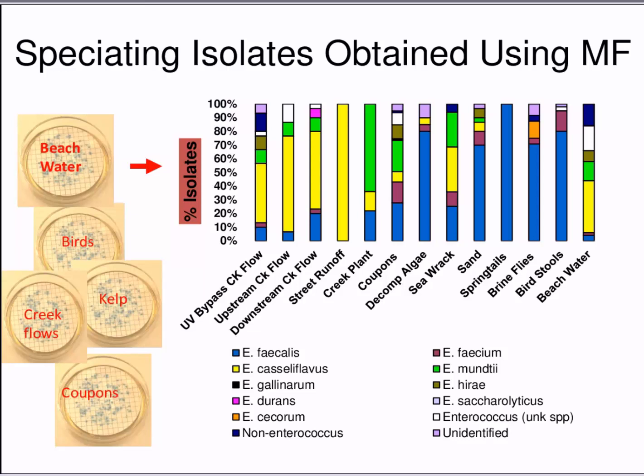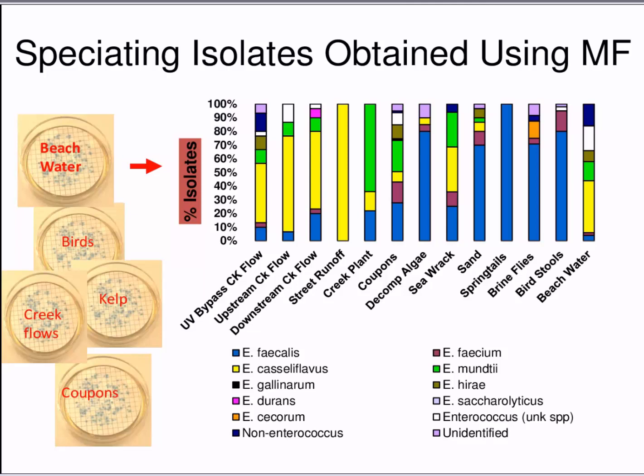And what you see there are samples of water that were taken from the beach, the creek. This is from an old study that I did in San Diego. You see Enterococci from bird stools and kelp. And what we did was we were interested in looking at the potential sources of Enterococci to Moonlight Beach.